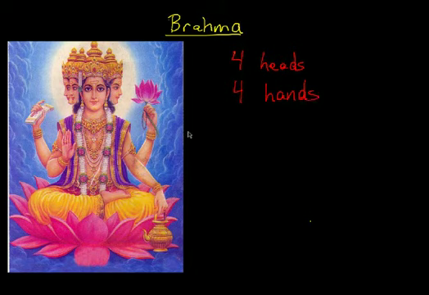So this symbolizes the 4 Vedas. Vedas are the main scriptures of Hinduism, the main texts of Hinduism, which we'll go into much further detail later on. But this is the reason why he has 4 heads. Each head represents a Veda.